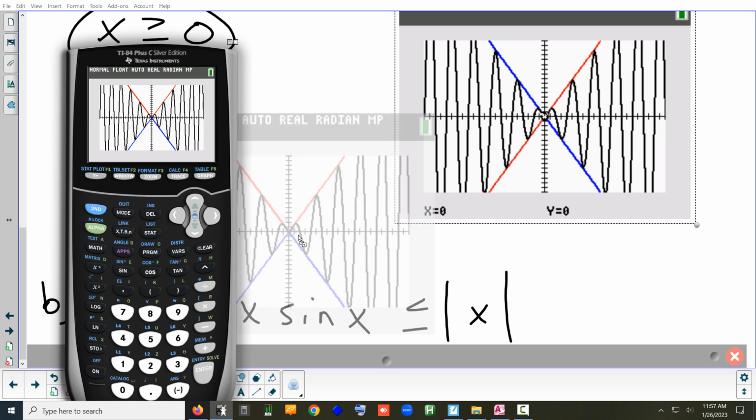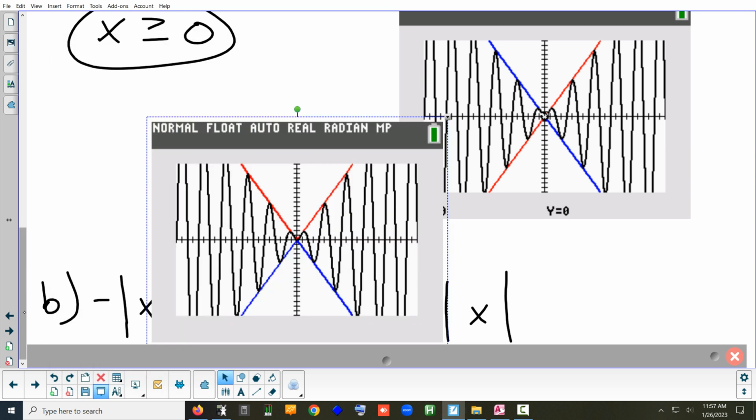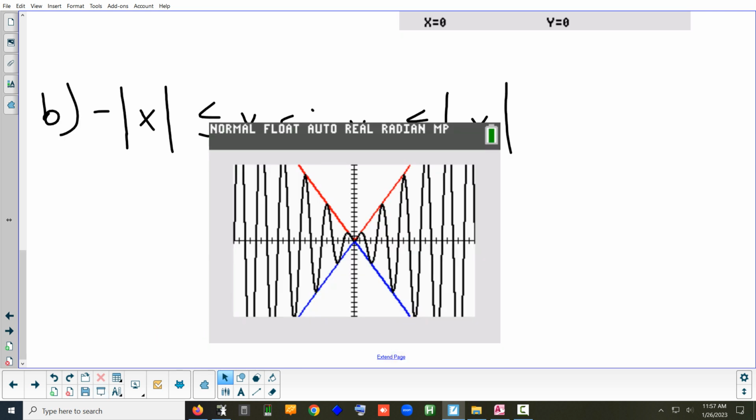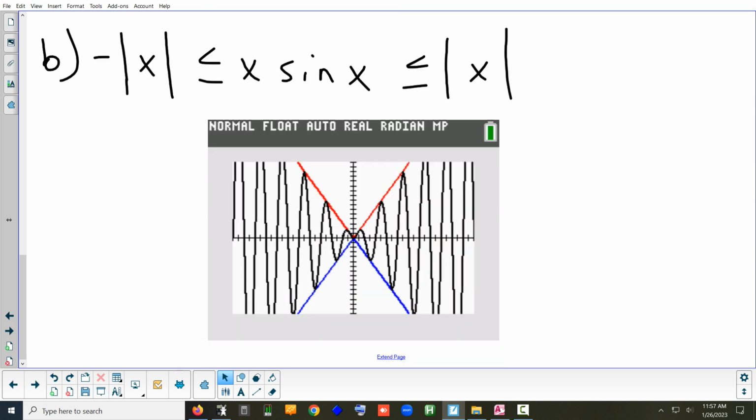And now they want to know where you are above the blue one and below the red one, or equal. Where are you above or equal to the blue one and less than the red one? It's not every time.